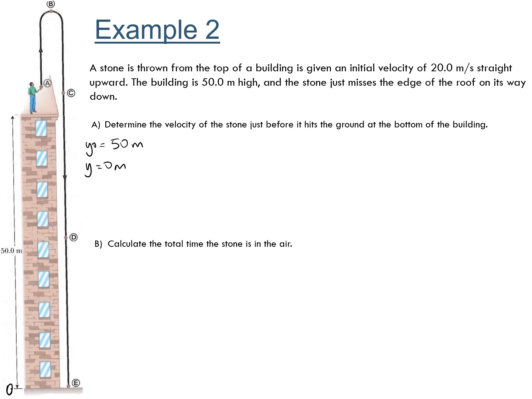The original velocity at point A, v naught, is equal to 20 meters per second, considering the upward direction as positive. And if that's the case, acceleration is negative g because it's pointing downward. Therefore, acceleration is negative 9.8. Alright, now what is the unknown? We need to find the velocity just before it hits the ground at point E.